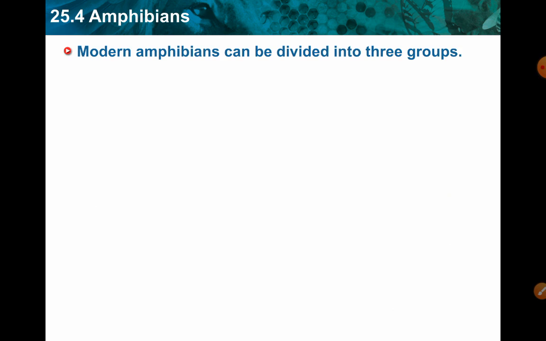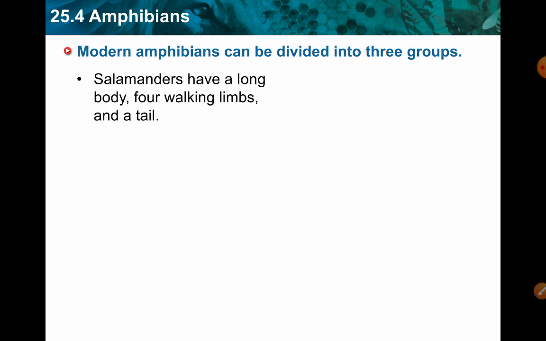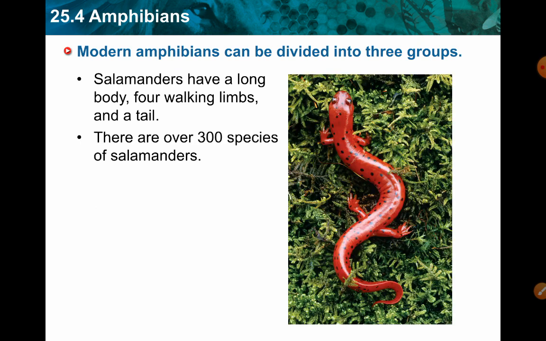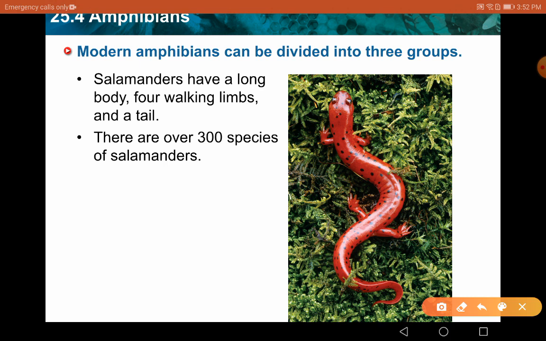Here is the last main idea in this lesson: modern amphibians can be divided into three groups, starting with the first group, the salamanders. They have a long body, four walking limbs, and a tail.